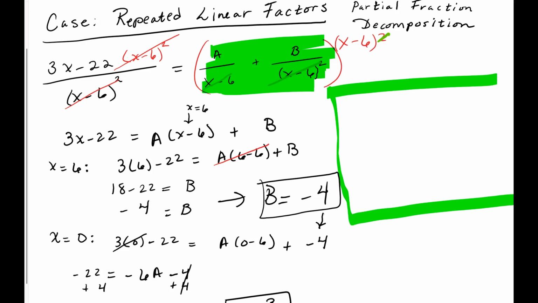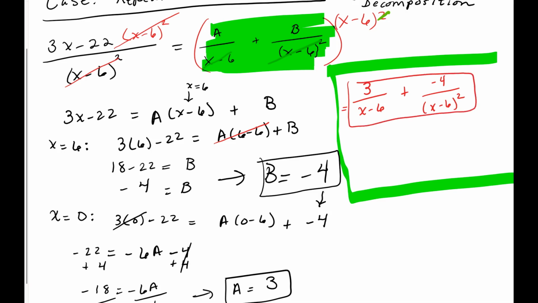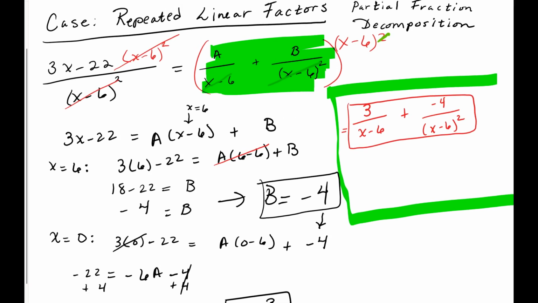All right, I'll pick a different color if it helps. So A was 3 over x minus 6, and B was negative 4 over x minus 6 quantity squared. So this is how you would approach a partial fraction decomposition when you have the case of repeated linear factors.